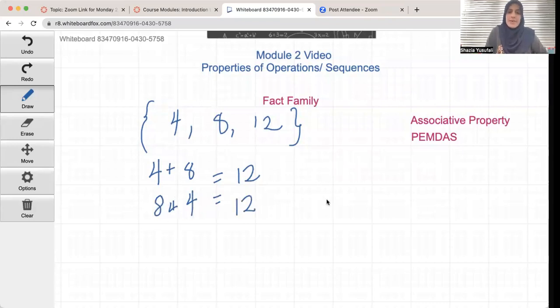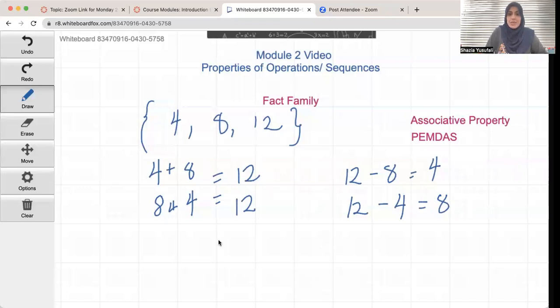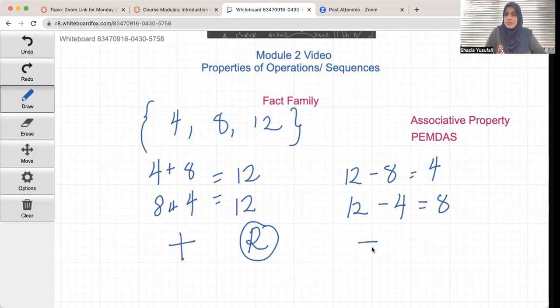Similarly, if I say 12 minus 8, I get 4, and if I say 12 minus 4, I get 8. The idea is we have a relationship. These three numbers have some form of relationship, so this is a fact family for addition and subtraction.